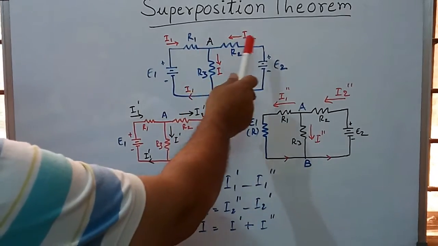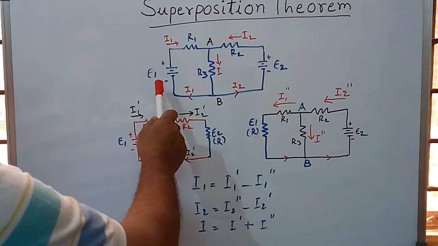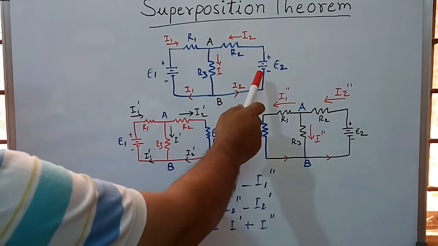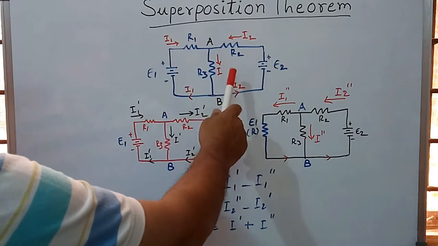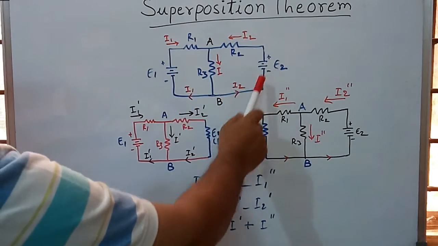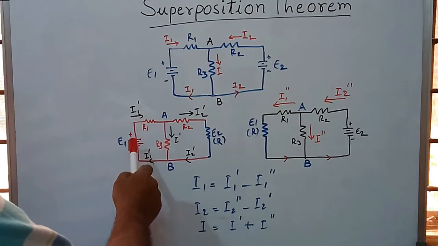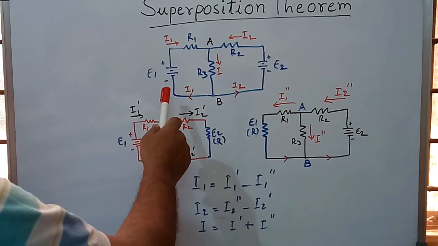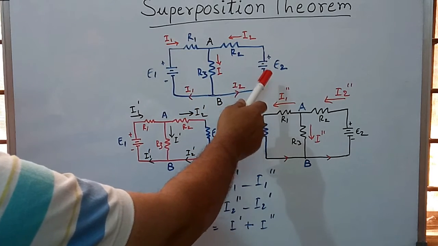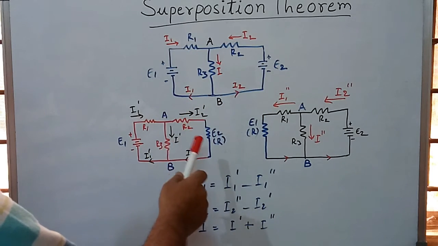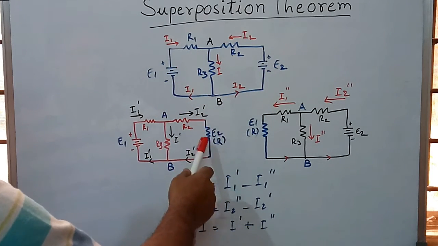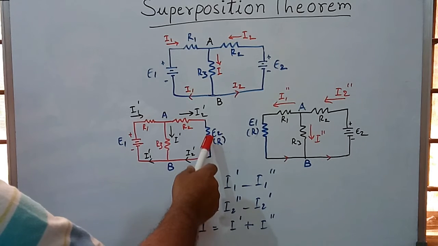According to the superposition theorem, if there is more than one EMF acting on a linear bilateral network as shown in this diagram, the EMFs will act independently as if the other EMF is not there in the circuit. That is, the other EMF is replaced with its internal resistance.